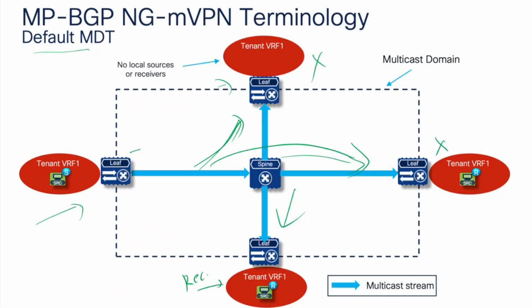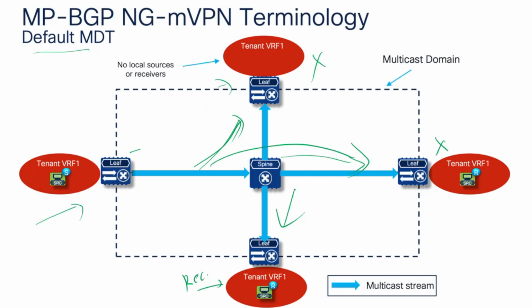So MDT has an expansion. M stands for something. Is it an abbreviation? Multicast distribution tree. Oh yeah, we are so used to these acronyms that we forgot to write the full form. But yes, it is multicast distribution tree.